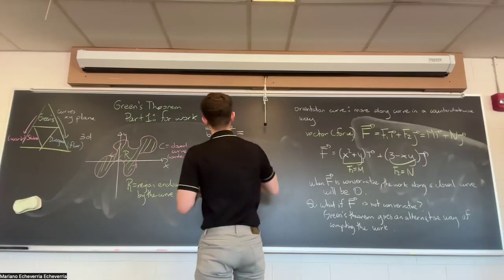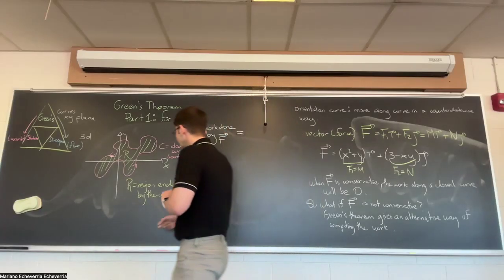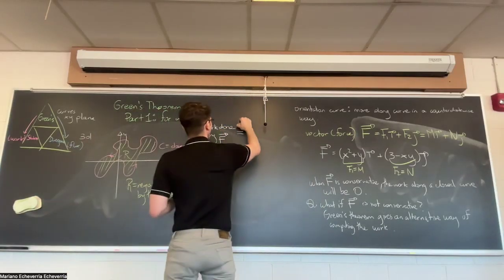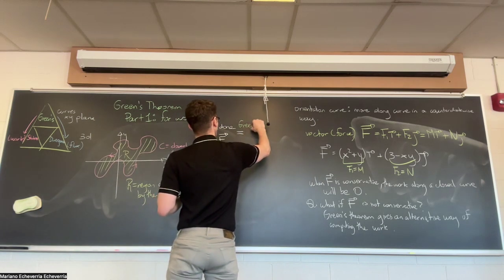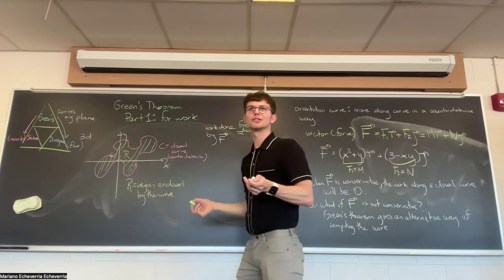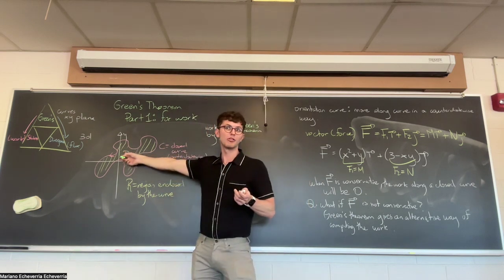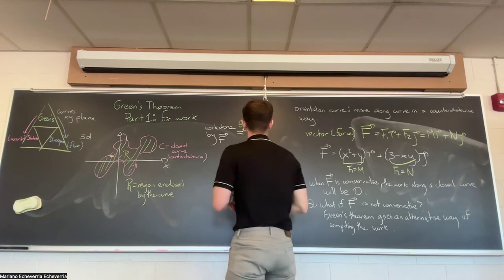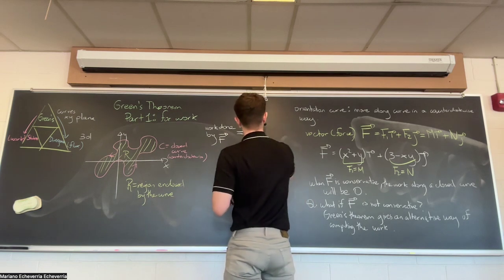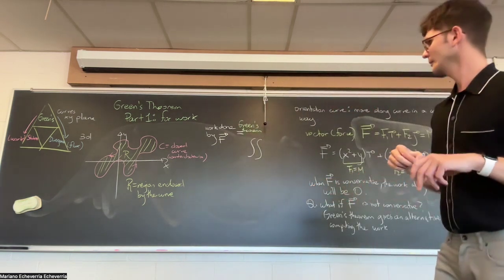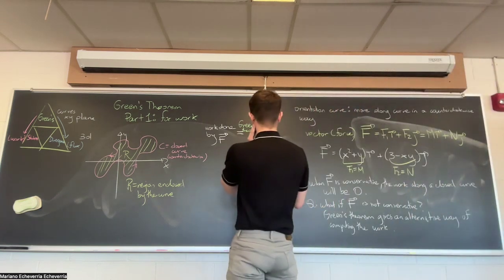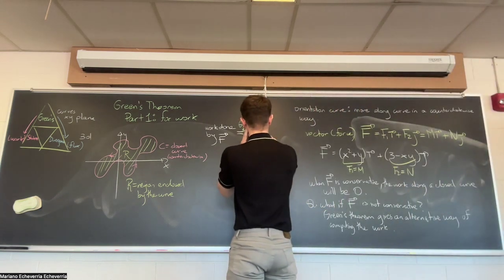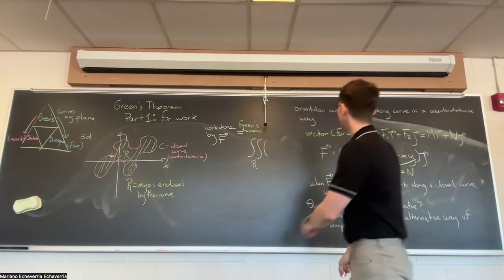So what Green's theorem says is that this work equals a double integral that takes place on the region enclosed by the curve. And what do you integrate?